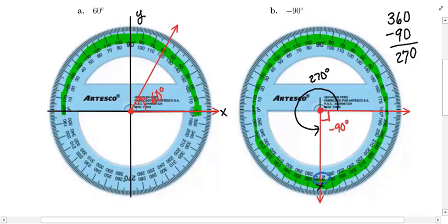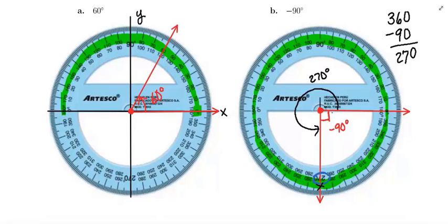The black angle and the red angle have the same initial side and the same terminal side, okay? Obviously the amount of rotation is different and the direction is different, but they are coterminal angles because they start and end in the same place, yet they are different angles, okay?